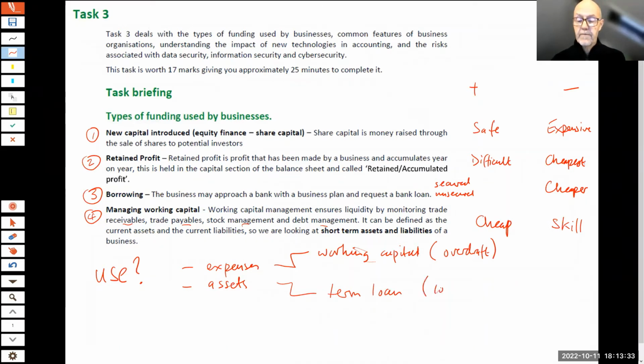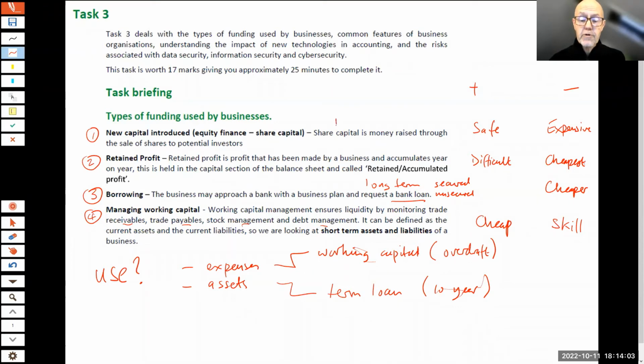For example, if it's an asset that will last 10 years, maybe a 10-year loan. So the idea should always be that bank borrowing should be associated with asset purchases and working capital with paying for expenses. And really, bank loan is the only long-term type of borrowing.